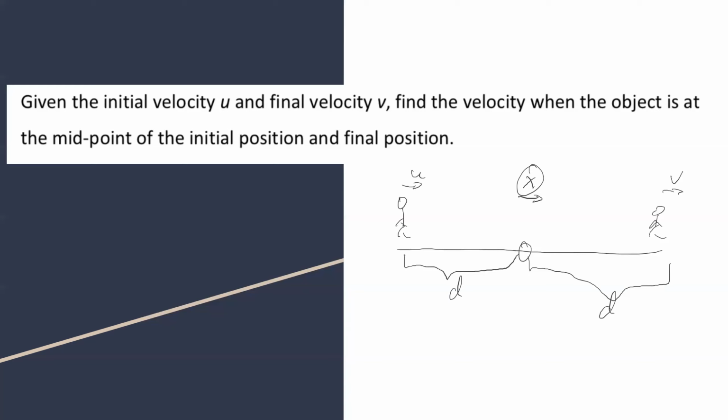When you have a question, it's always easier to list out the 5 variables S, U, V, A, T, and see which ones you know and which you don't. At this moment, we know S is D, because we set it as D. We know the velocity U. We know the velocity V. We do not know what the acceleration is. We do not know what T is.